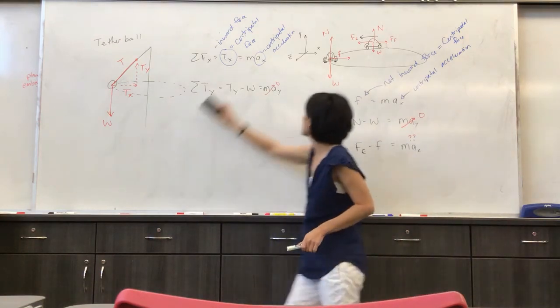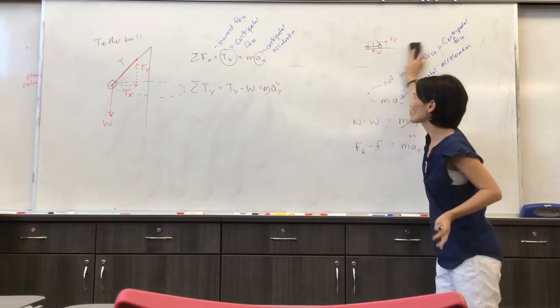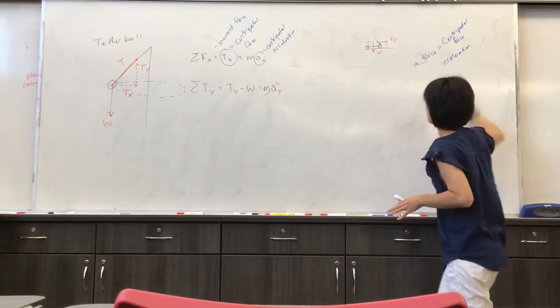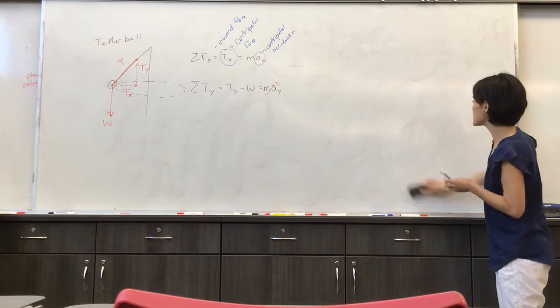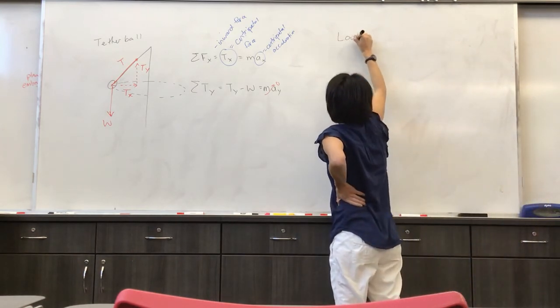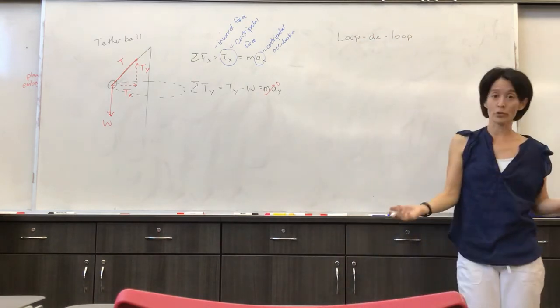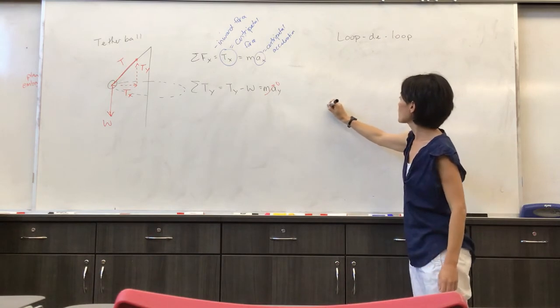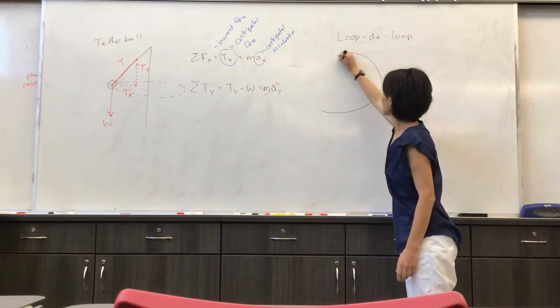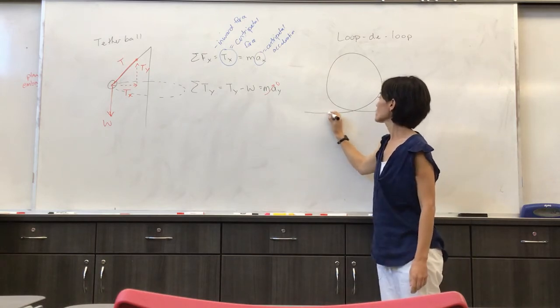Okay, let's get one last example. As we go through class, we will look at lots of different examples, but these are some of the classics, the greatest hits. We'll call it the loop-de-loop. So, roller coasters. Okay? So here you are on the roller coaster.